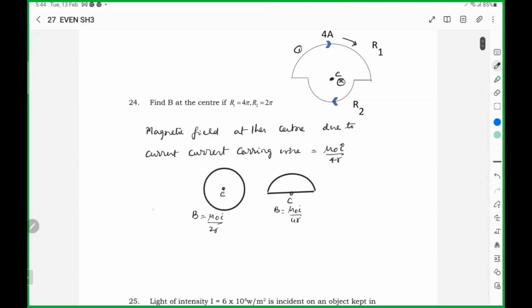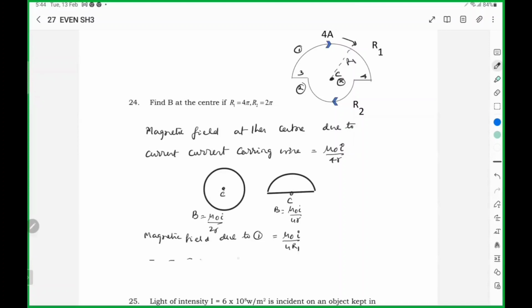So here, let us name these two wires 1 and 2, and these 3 and 4. Magnetic field due to 1 will be mu naught I by 4R1 because we are given the radius of this circle as R1.